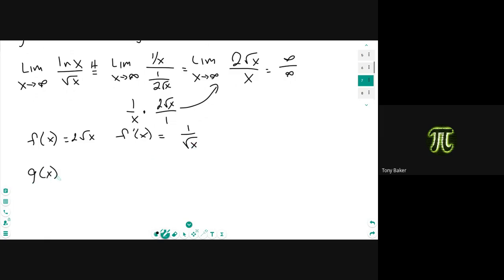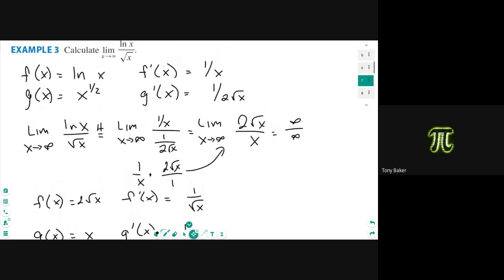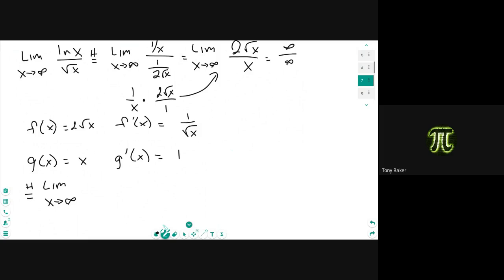And g of x is x, g prime of x is 1. So I get 1 over the square root of x, which goes to 0 as x goes to infinity.